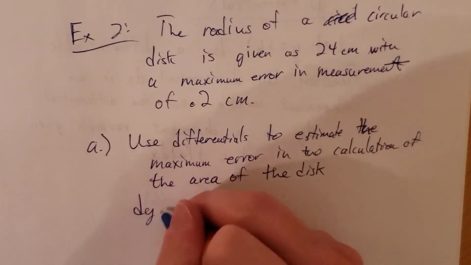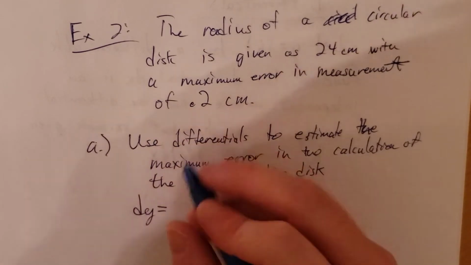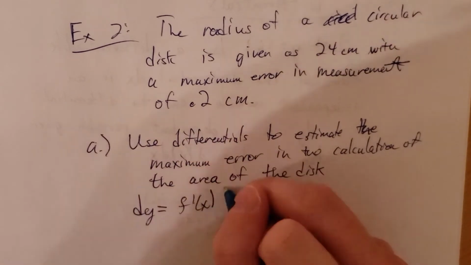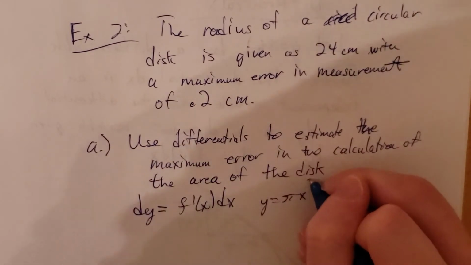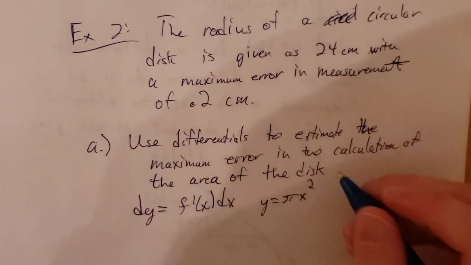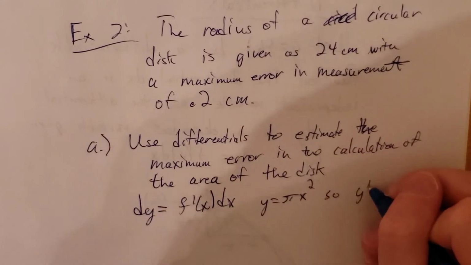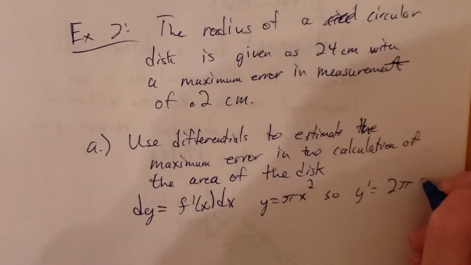So dy here is equal to f prime of x dx. Y is equal to pi x squared. So this tells us y prime is equal to 2 pi x.